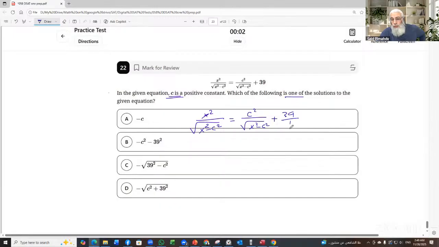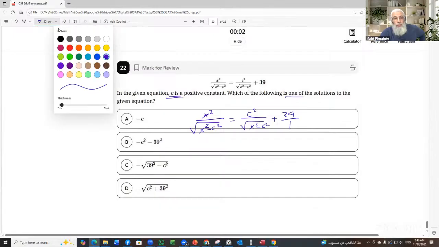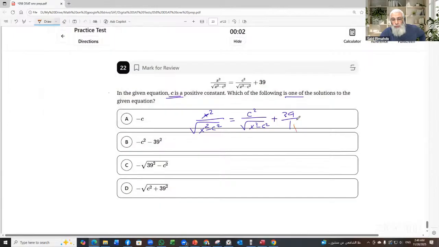This 39 we can make over 1. And to add, we need to make the same denominator. So we multiply numerator and denominator by square root of x squared minus c squared. So we can add now: c squared plus 39 over square root of x squared minus c squared equals x squared divided by square root of x squared minus c squared.